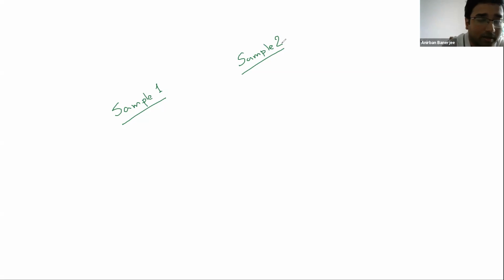Let's say you have n1 number of observations. The mean you figured out is mu1, and the standard deviation you calculated is sigma 1. Here you have a sample which is n2, with mu2 and sigma 2, and you have a population.